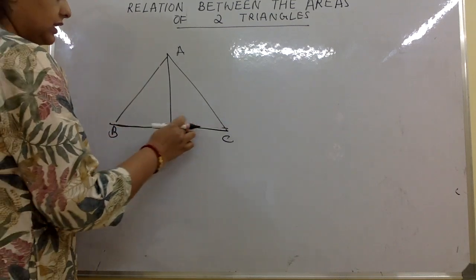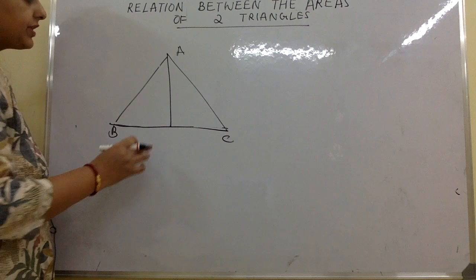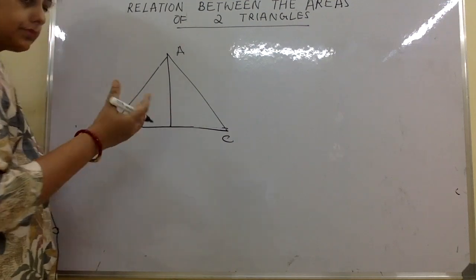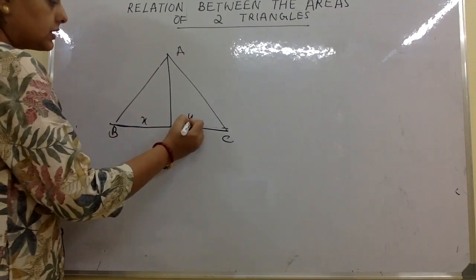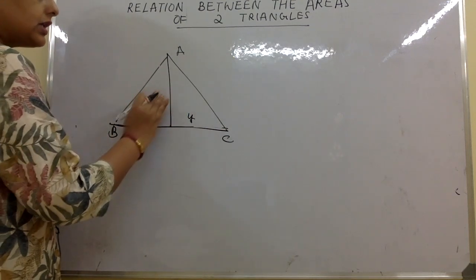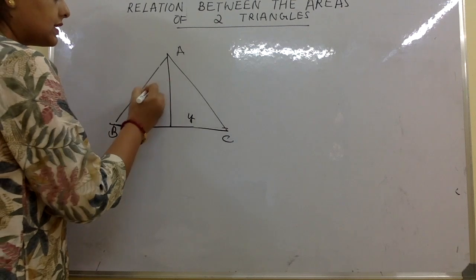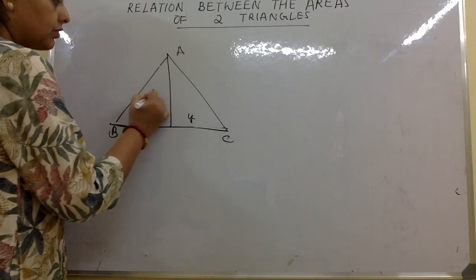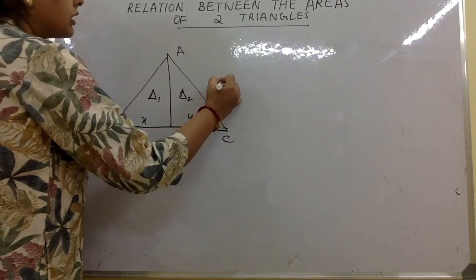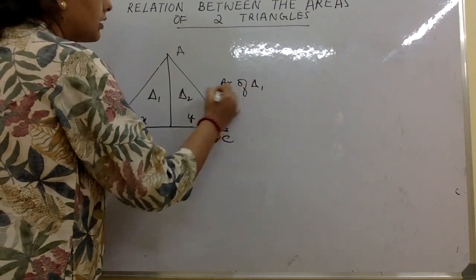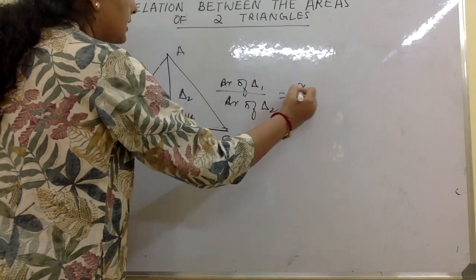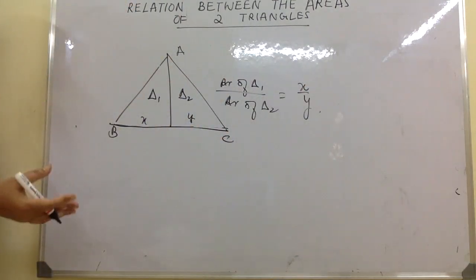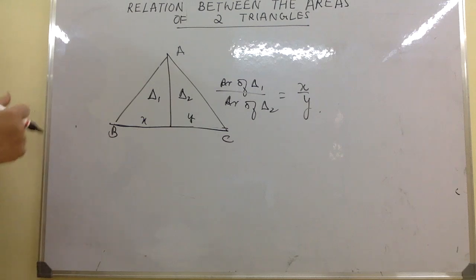If this is x and this is y, and this is triangle 1 and this is triangle 2, then area of triangle 1 by area of triangle 2 is x by y. This is the theorem that we are going to use now in our sums.